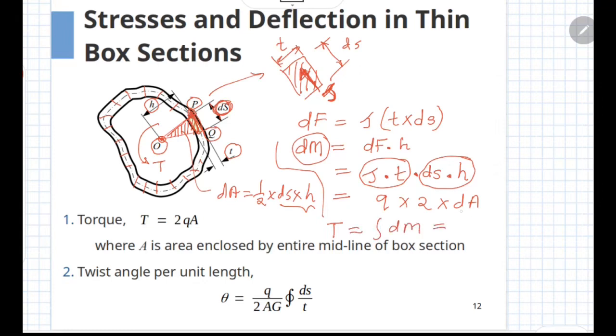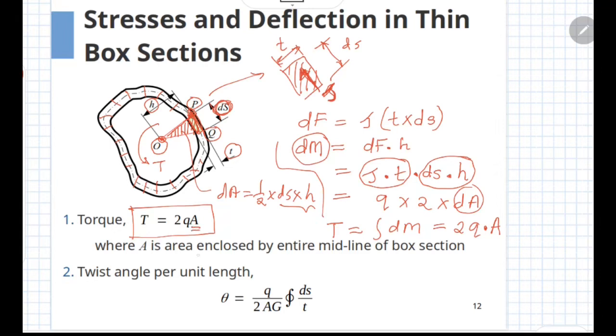When you integrate it, this dA term will become the total area, so we'll get the total torque as 2 multiplied by Q multiplied by the total area subtended by all the segments of this box section. So we get the equation for the torque in terms of the shear flow, which includes the term for shear stress, and the area A.